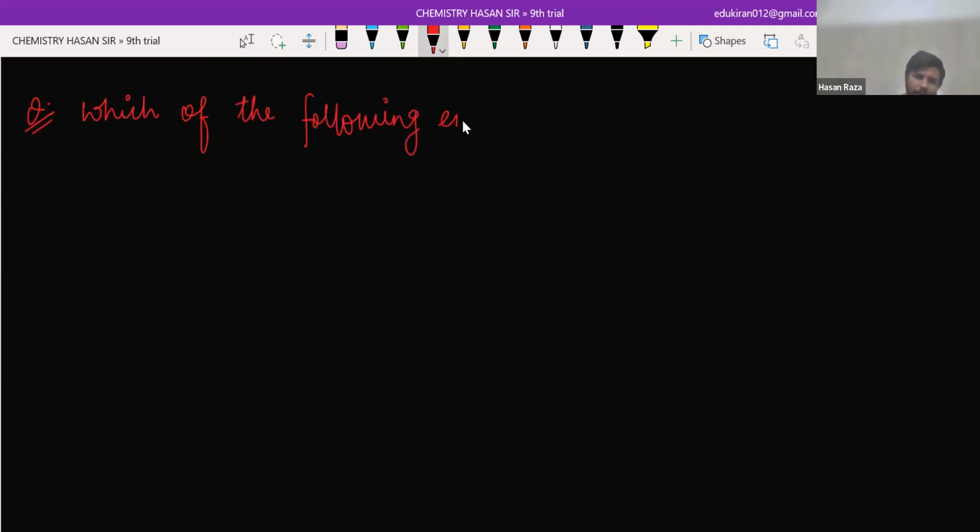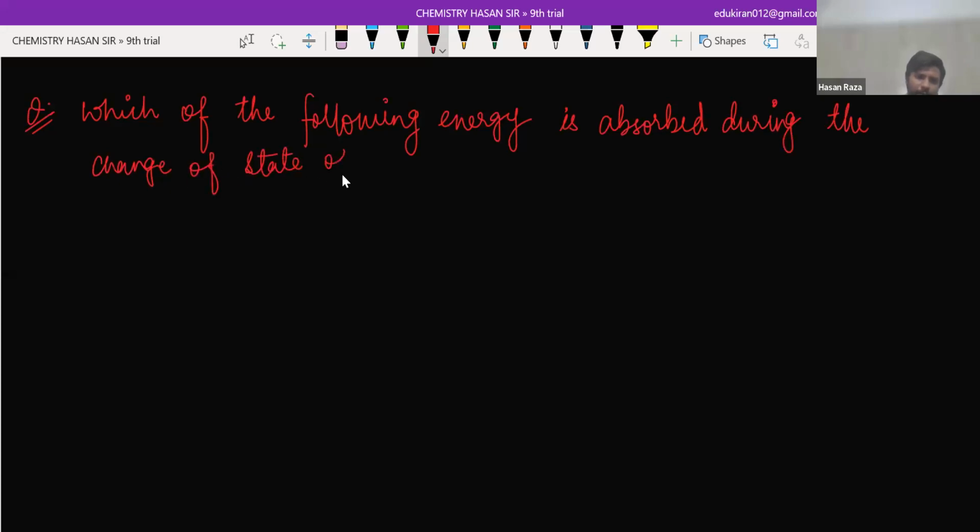Which of the following energy is absorbed during the change of state of a substance?